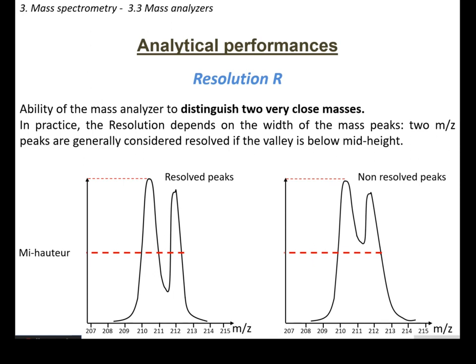So on the left part, you have resolved peaks because the bottom of the valley is below half the height of the most intense peak. But on the right, it's not resolved because the valley is above this half height of the most intense peak.